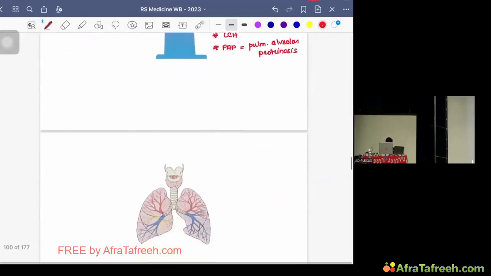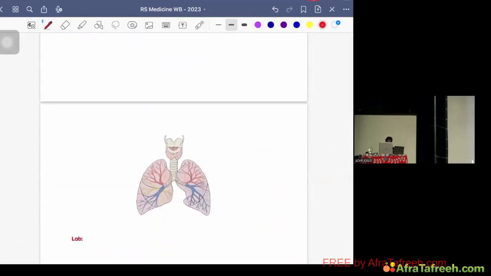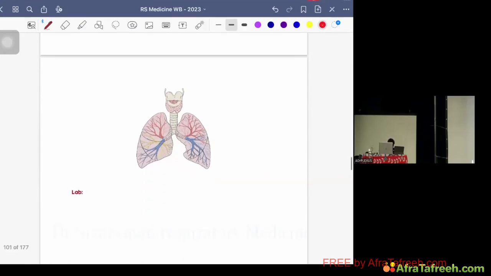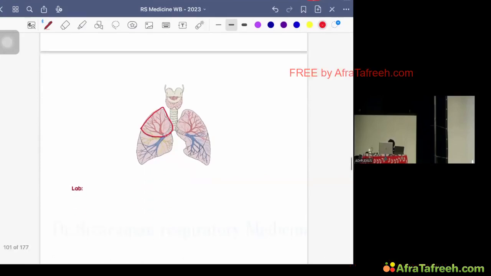Then the question asked in exams is, what are the conditions which cause upper lobe predominant interstitial lung disease?